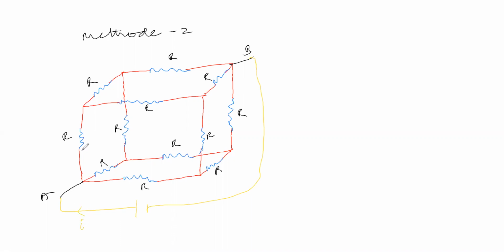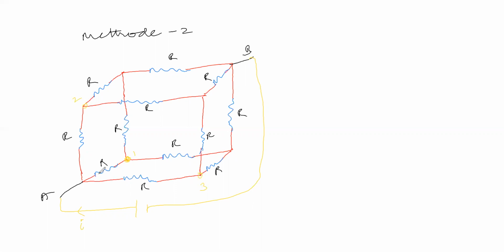Here, the current comes equally in these three resistors. Let us assume this is point 1, this is point 2, and this is point 3.